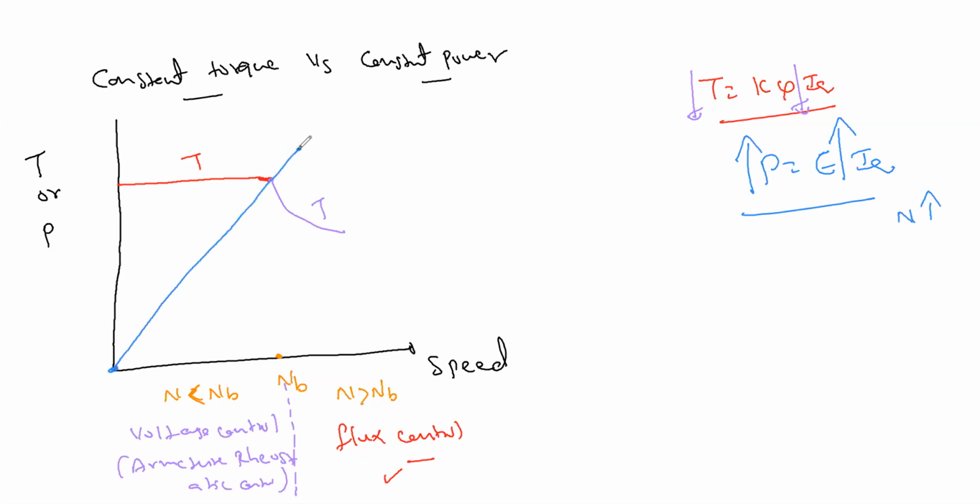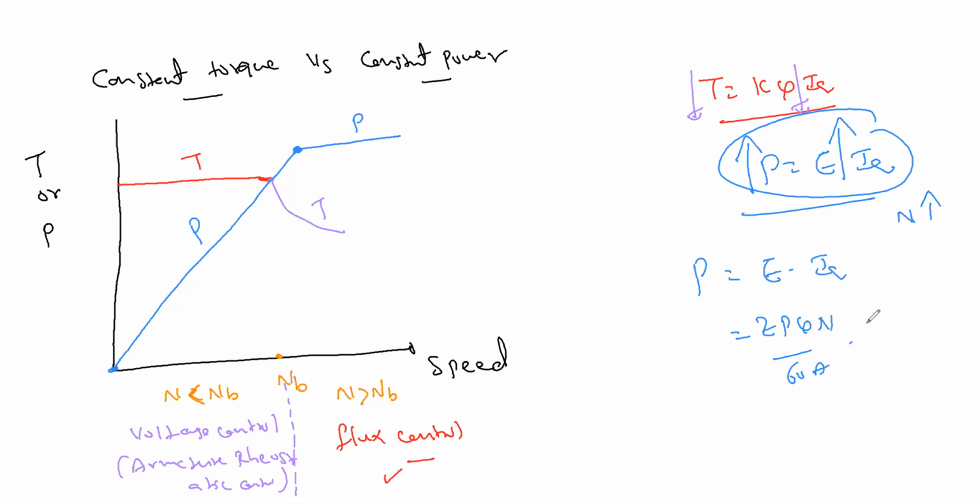And once the base speed is obtained, in the flux control method look here, your power is going to be constant. Why is the power going to be constant? Let us see. Power can be written as E into IA, that is ZP phi N by 60A times IA. In the flux control method, we are reducing the flux so that speed increases.